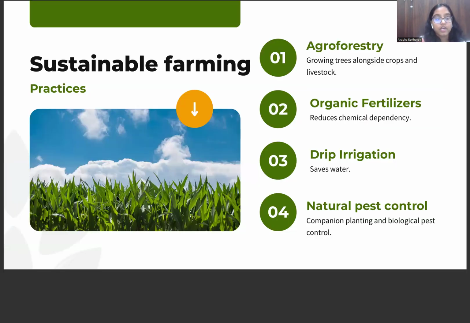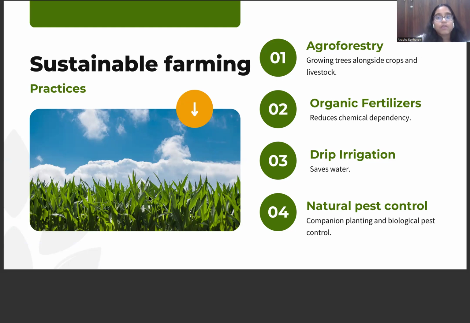So now we have four sustainable farming practices that we can use. The first one is agroforestry. I told about agroforestry in my last video. Agroforestry is basically growing trees alongside crops and livestock, meaning it takes up less space, and you're utilizing all the space you have for growing trees alongside your crops.